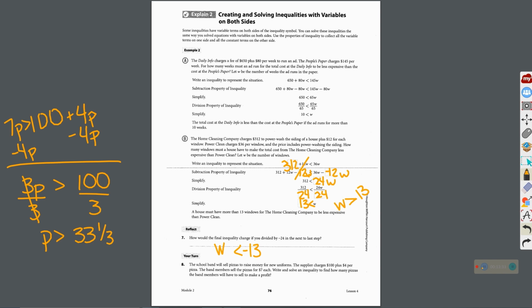All right. If you wanted it in terms of money, you could do $33.33. No, not 33 and a third cents. 33 and a third pizzas. Which means that they would have to sell 34 pizzas to make it worth it, to make a profit.